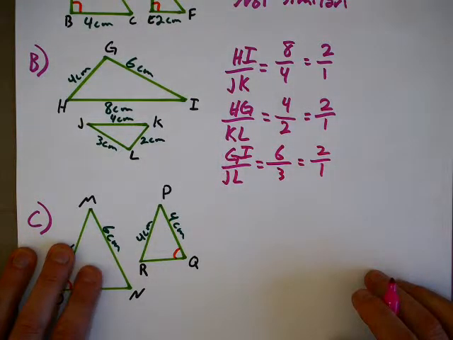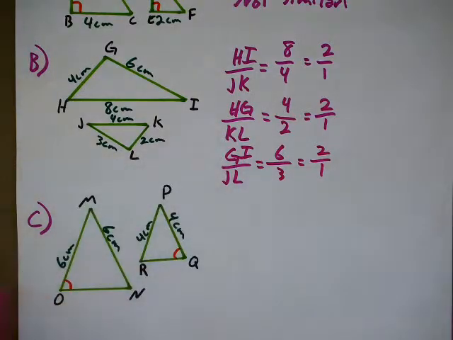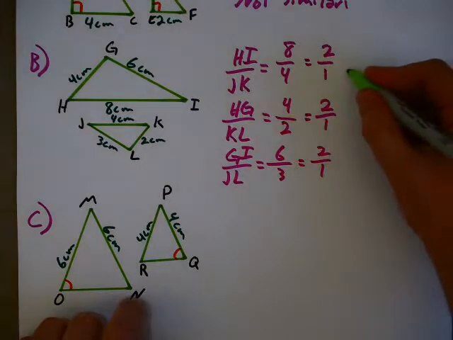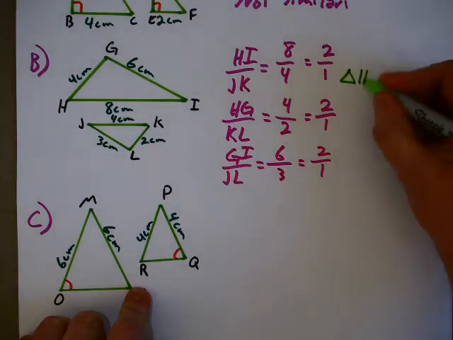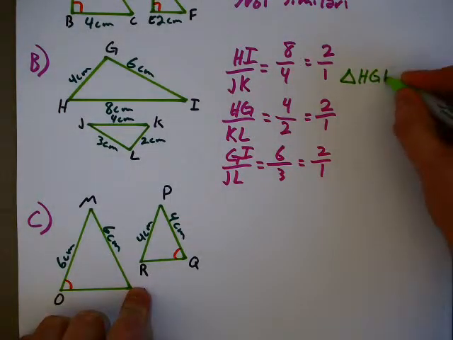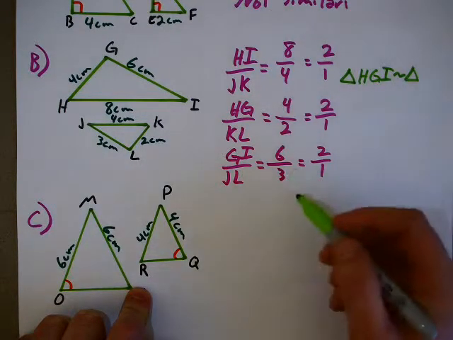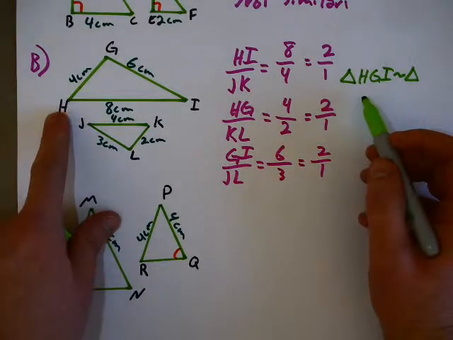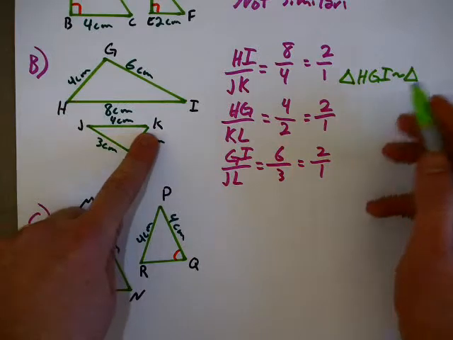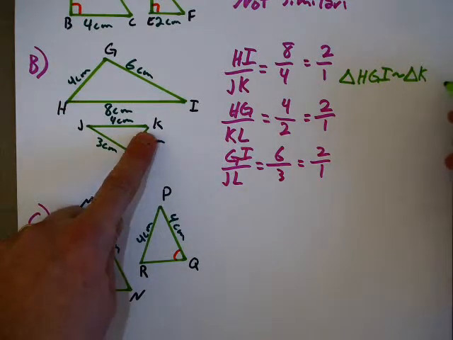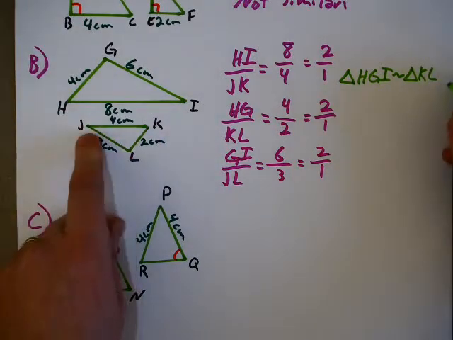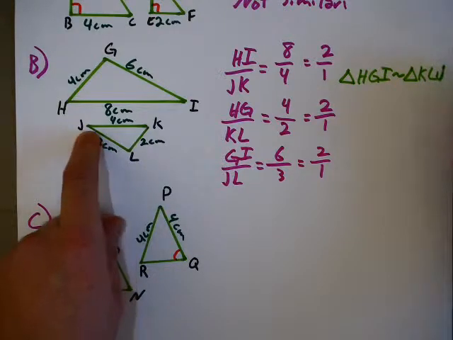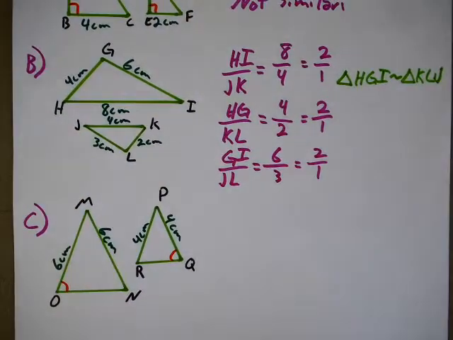So what you can say is that triangle HGI is similar to triangle. Make sure you line this up correctly. So H is going to correspond to K, and then we went to G next, so we're going to go to L and then to J. It does get a little tricky to write similarity statements there.